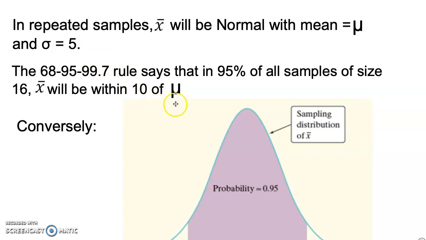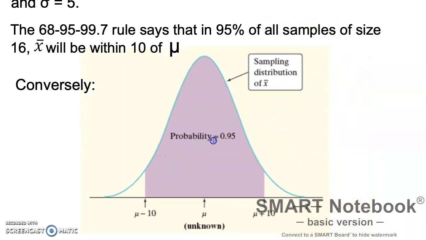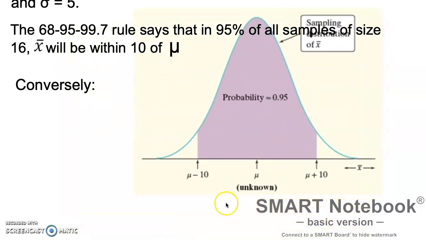So you see here's our population mean, plus or minus 10. 95% of all samples of size 16 would have an x bar value between the true population mean minus 10 and the true population mean plus 10.